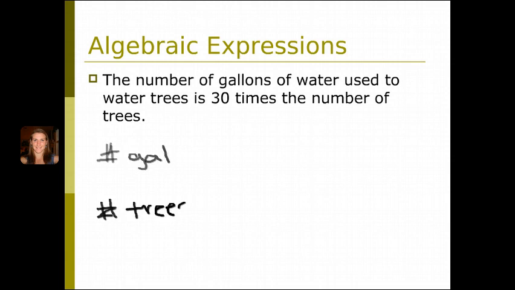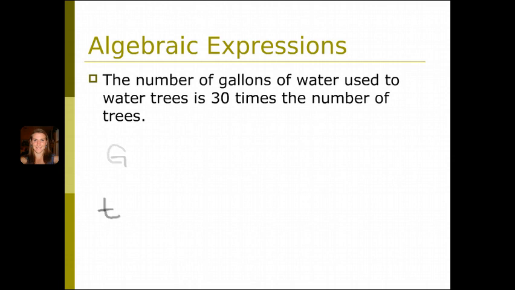Therefore, we are going to have two variables. I'm going to say that G is my gallons of water, and that T is my number of trees. However, when you're using T in algebra, make sure that you make it with a curve at the end so you don't confuse it with a plus sign.